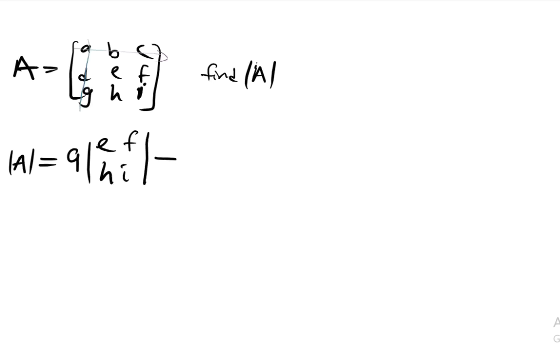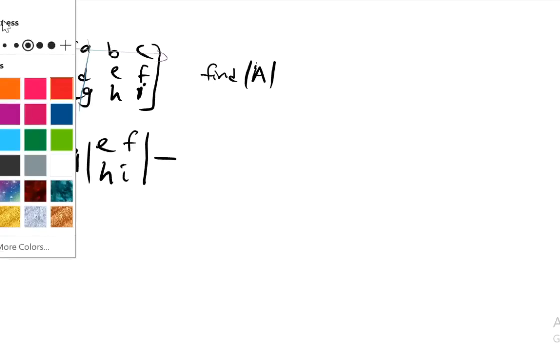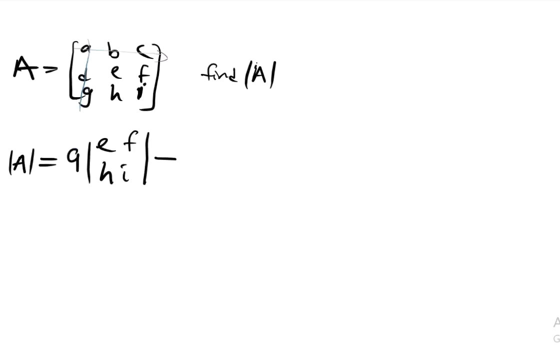For the second part, we will cancel this row and column again. So the coefficient now will be negative b, and what is left is d, g, f, and i.